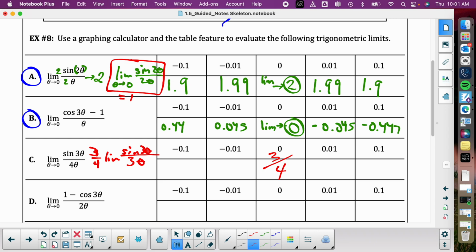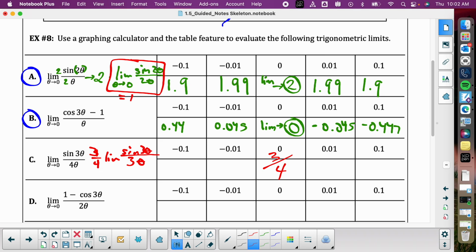Technically, it's the same for b, but it doesn't matter what the multiplier is, because for b, what is this limit equal to? 0, so whatever times 0 is 0. So this one, if you can manipulate it to look like that one, it'll always be 0, because it doesn't matter what the multiplier is. What I would have to do to this one is factor out a -1 and multiply by 3/3.